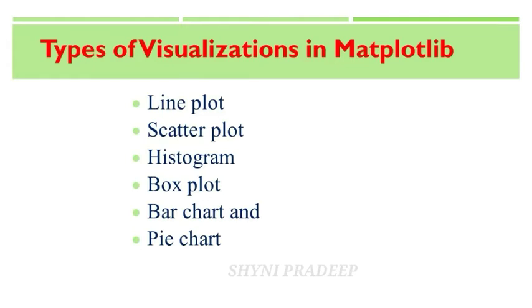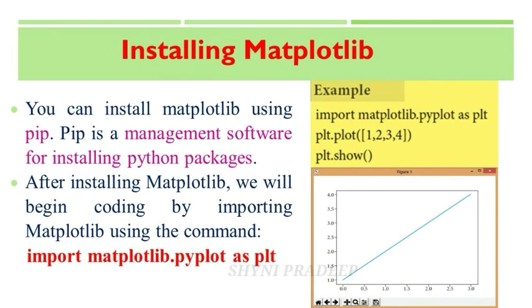Next topic is installing matplotlib library. You can install matplotlib library using pip. What is pip? Pip is a package management software for installing Python packages. After installing matplotlib library, we have to write the code.